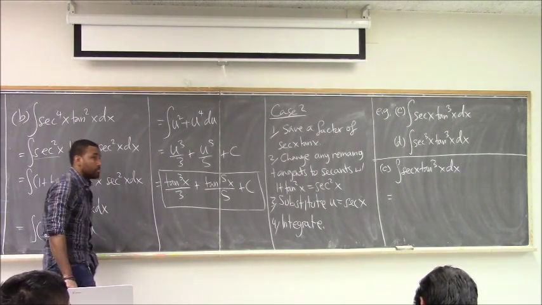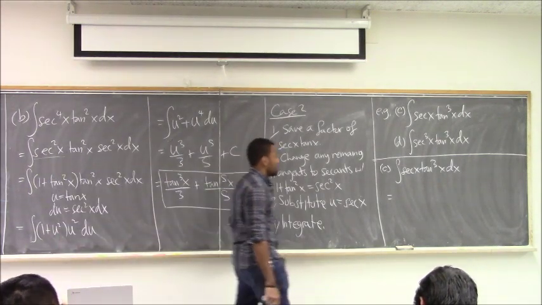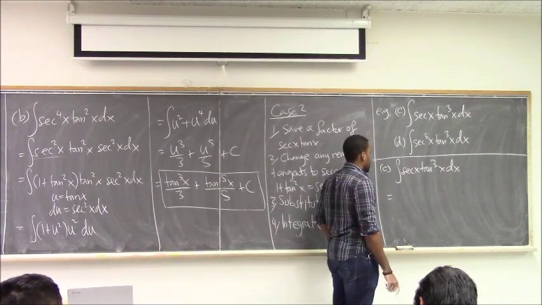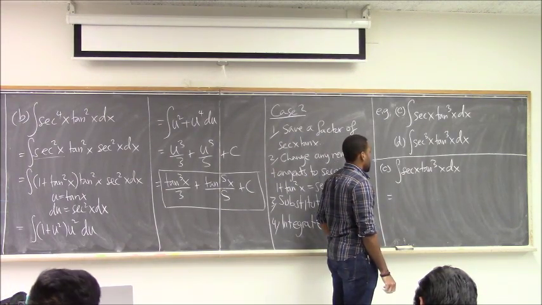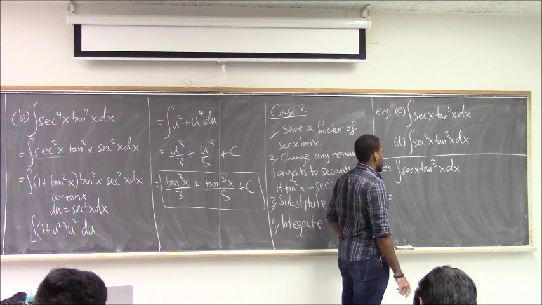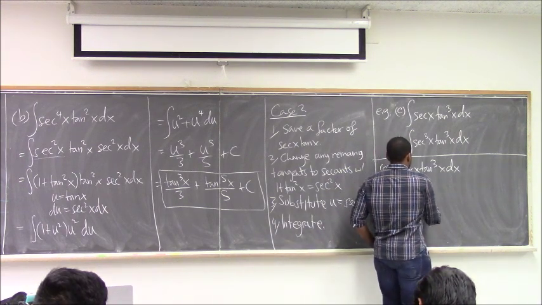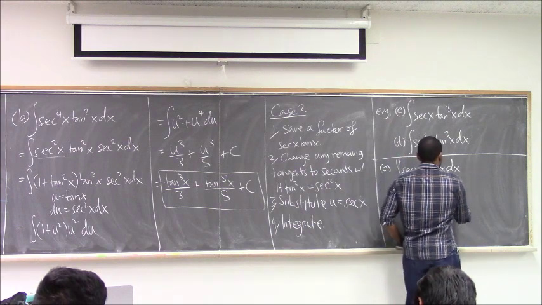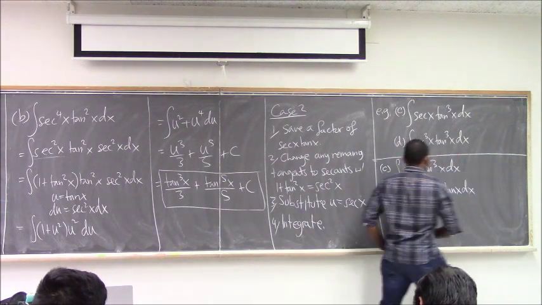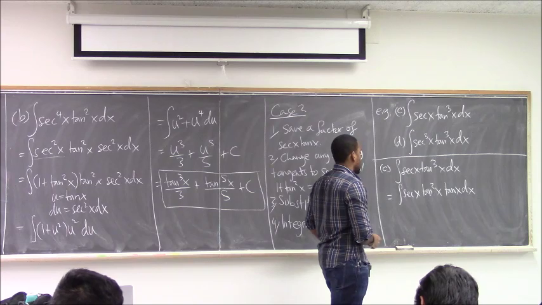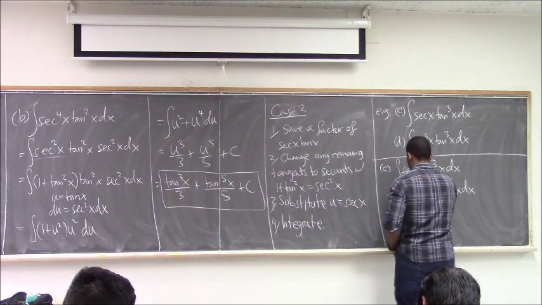You can write the tan in terms of secant. You split the tan into tan squared x and tan x. Now take the tan squared x and turn it into secant squared x minus 1.